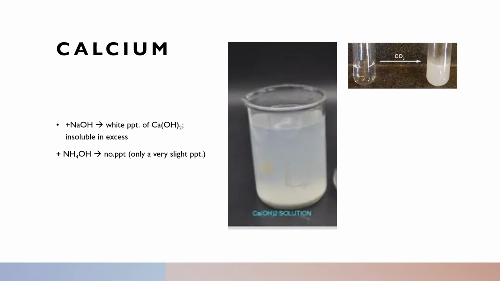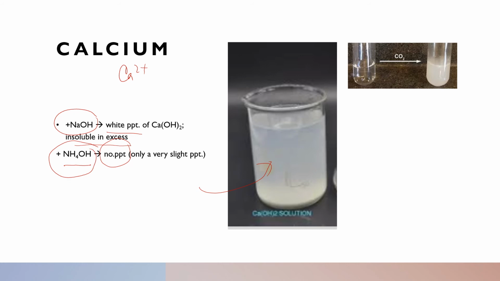For calcium, Ca2+, with NaOH will form a white precipitate of Ca(OH)2 that is insoluble in excess because Ca2+ is not an amphoteric. When we add ammonium hydroxide, NH4OH, there is no precipitate, only a very slight PPT like this. Why?